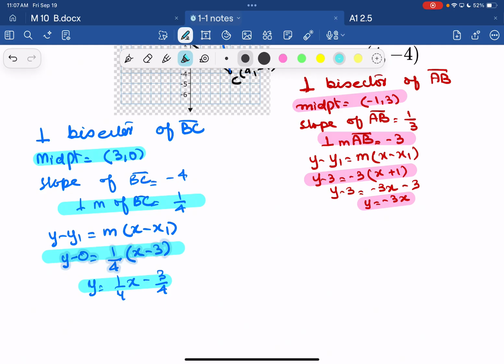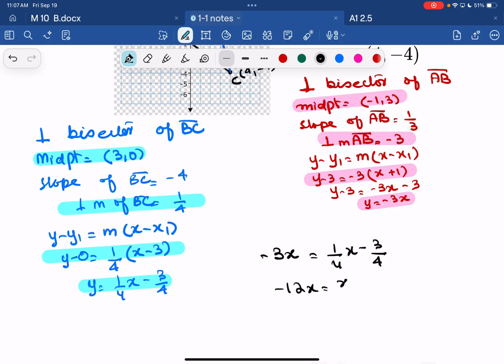Because these two lines are meeting together at a point, that means we are going to solve our system of equations. So we are going to write negative 3x is equal to 1/4 x minus 3 over 4, or negative 12x is equal to x minus 3. Good? Negative 13x is equal to negative 3, or x is equal to 3 over 13, and we are done, right?